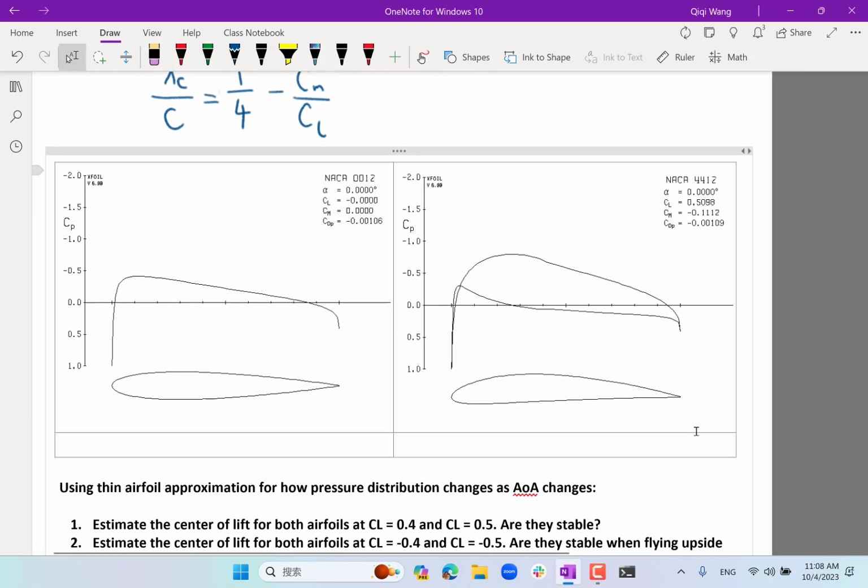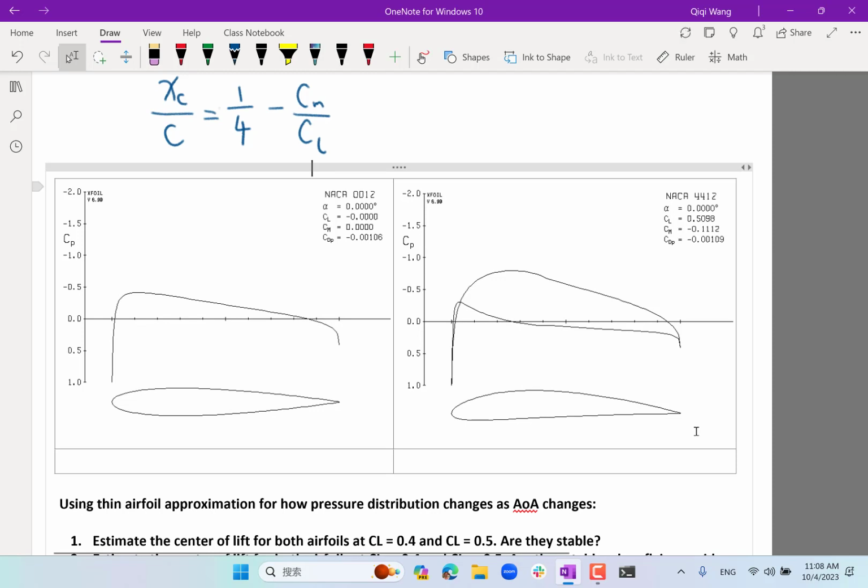One question is use thin airfoil theory approximation, which is the examples above, for how the pressure distribution changes as angle of attack changes to estimate the center of lift for both of these 2 airfoils at a lift coefficient of 0.4 and 0.5. And then particularly, are they stable, right?